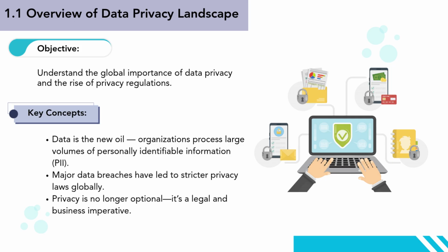However, the rise in major data breaches worldwide has triggered the introduction of stricter privacy laws and regulations aimed at safeguarding individuals' rights. The key message is that privacy can no longer be treated as optional or secondary. It is now a legal requirement and a critical business priority that directly impacts trust, compliance, and organizational reputation.